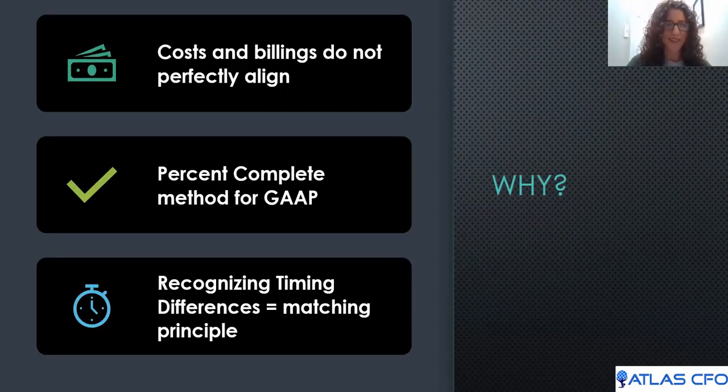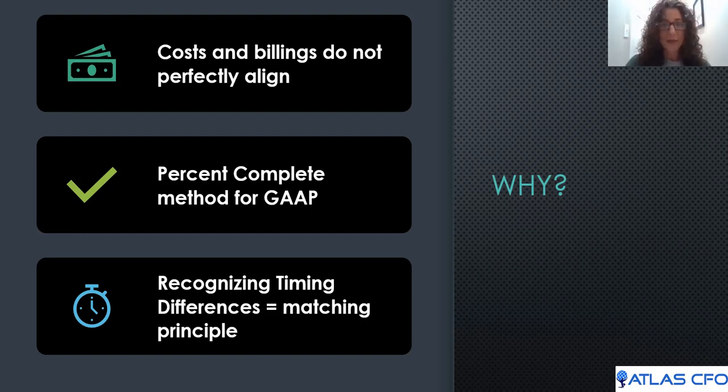So why do we even care? Seems like a lot of work, right? Well, in our world of construction, we don't always have this beautiful lineup of costs and billings. In fact, we can have a whole bunch of costs and no billings, or if we're lucky, the other way where we can have billings, but we haven't incurred the cost yet. Additionally, because of the way we need to do percent complete financial statements, we have to recognize that so that we can get to GAAP financials.